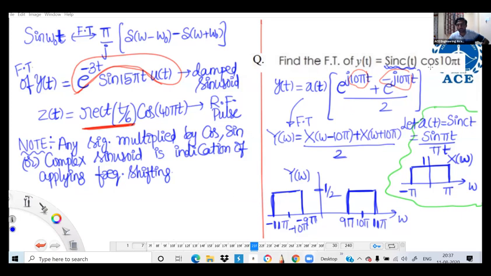X of t is the known signal sinc t, for which this spectrum is a rectangle from minus pi to pi. Make a right and left shift of 10 pi units. Amplitude scaling of 1 by 2.